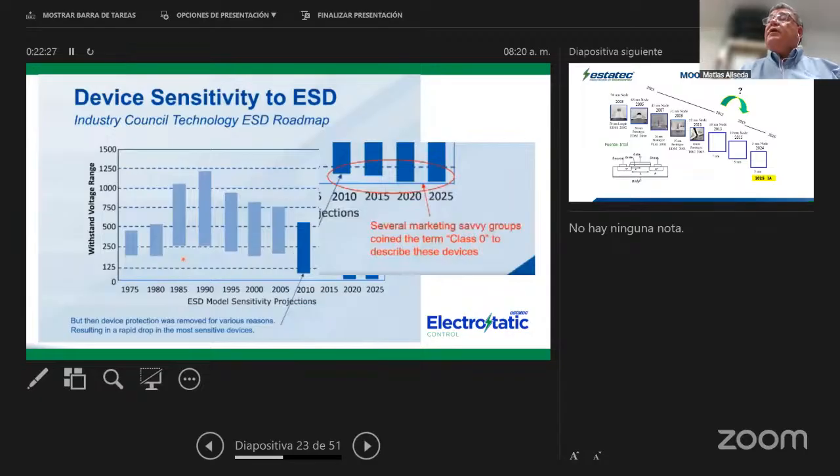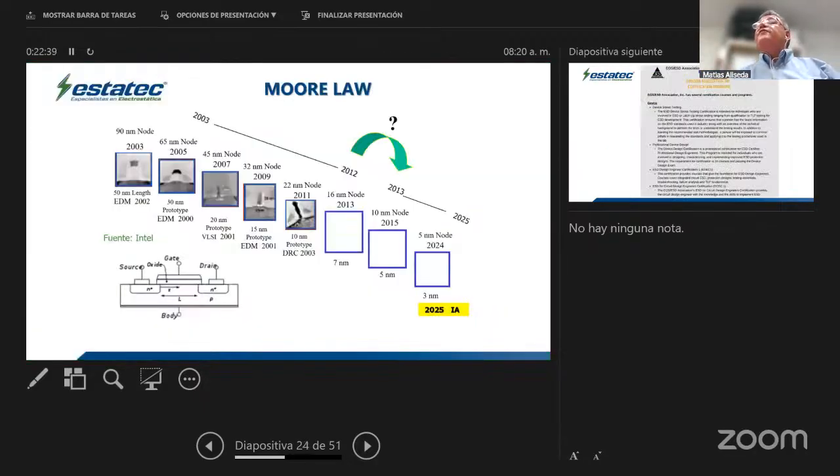But what happens in this new era? Nanotechnology. It comes from the size of the gate to the source or drain, measured in nanometers, and Moore's law tells us that every 2 years the density of the transistors will increase, which means the semiconductor will be more and more sensitive to ESD.